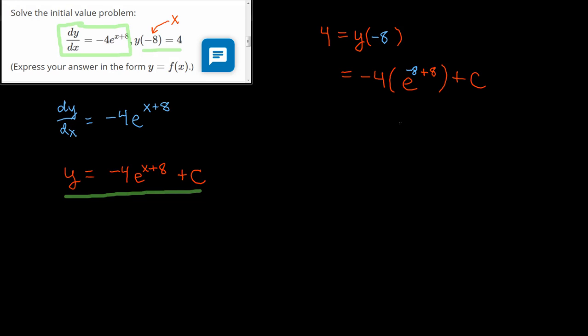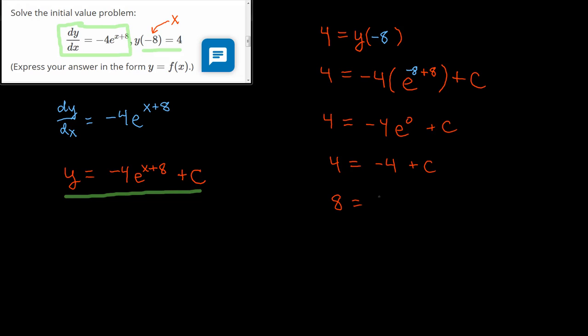Now let's simplify this. This is -4 times e^0 plus c. But e^0 is 1, so that's -4 plus c. And all of this is equal to 4. The left-hand side never changed. Now you can solve for c.